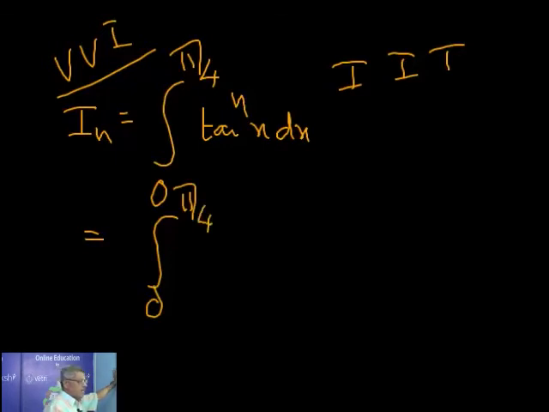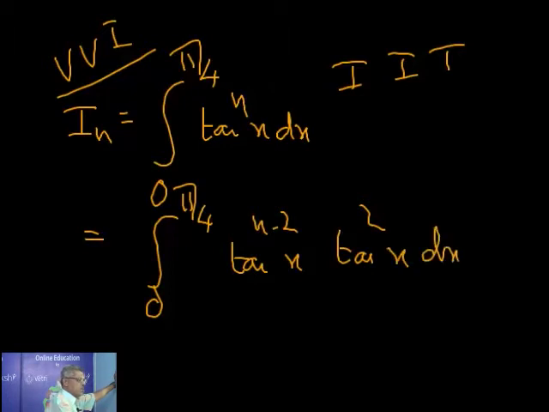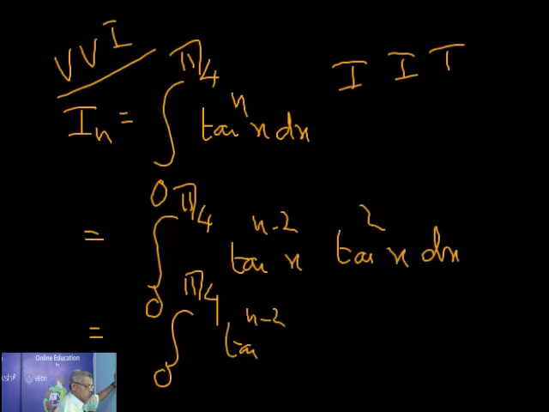First of all, we write tan x power n as tan x power n minus 2 into tan square x. Point number 1. It's very easy to understand. Tan x power n, because adding these two powers, you get n. So n minus 2, and 2. Why so? Because in 0 to pi by 4, tan x power n minus 2 into tan square x, we are writing secant square x minus 1.